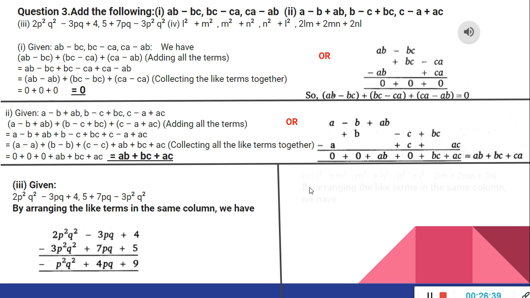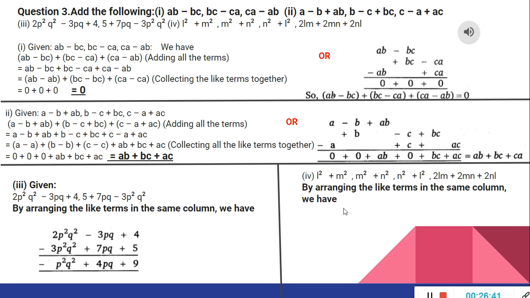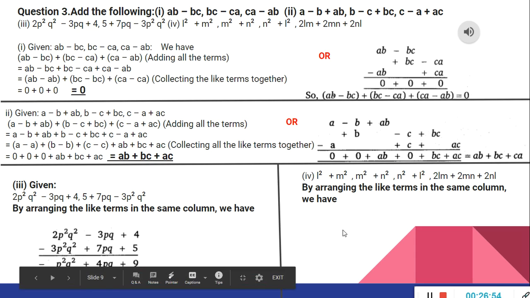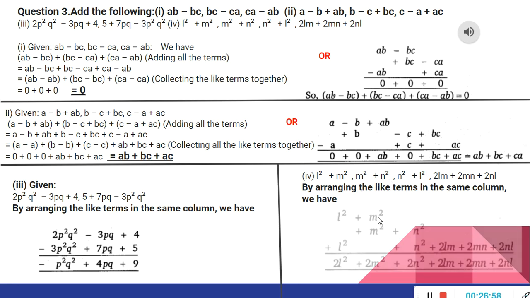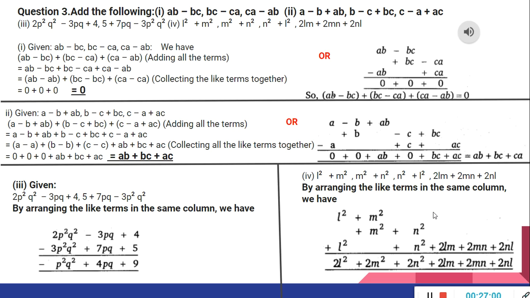Now fourth question. L square plus m square plus n square plus L square plus 2lm plus 2mn plus 2nl. So here also, L square plus L square, we will get 2L square. M square plus M square, 2M square.